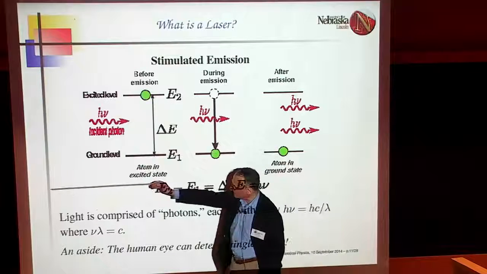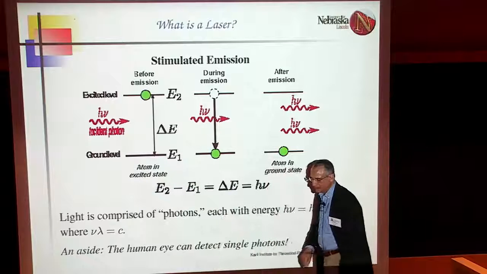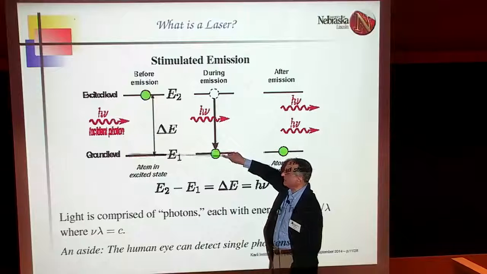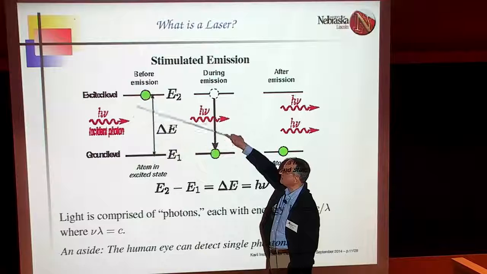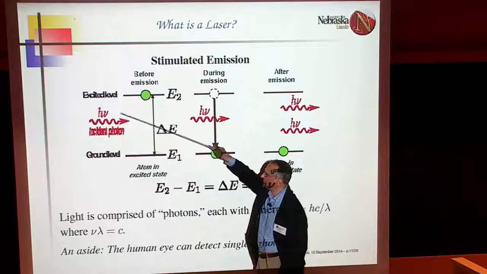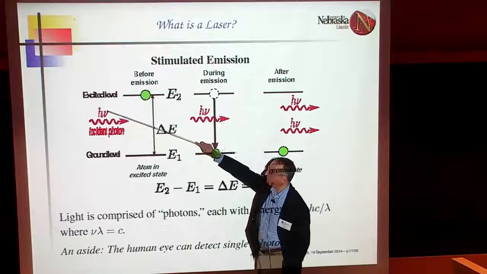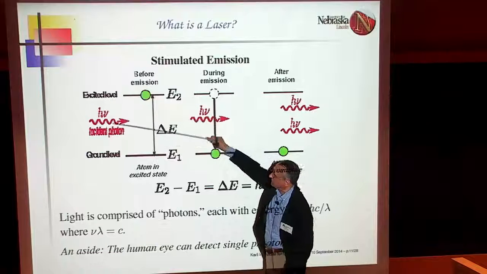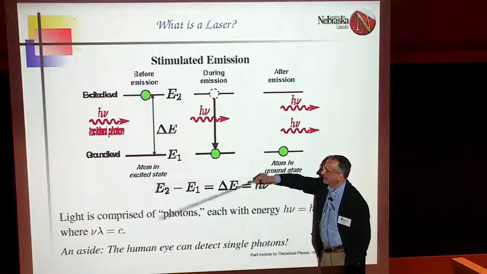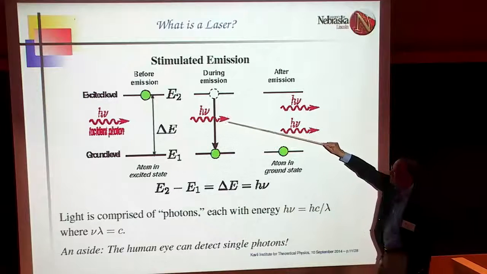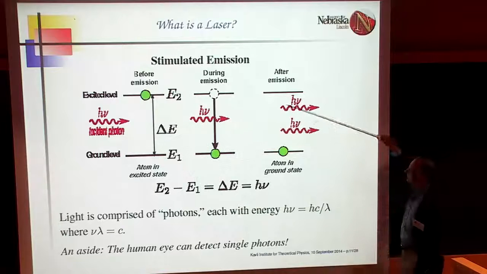As I told you, you could have 10 to the 22 atoms in a typical laser, but let's just take one atom. If in some way you can excite an electron from its initial state to an excited state, and a photon, a particle of light, having exactly the energy difference of these two levels comes by, it can stimulate this electron to fall down and emit a similar identical photon of its own, so that now you have two.